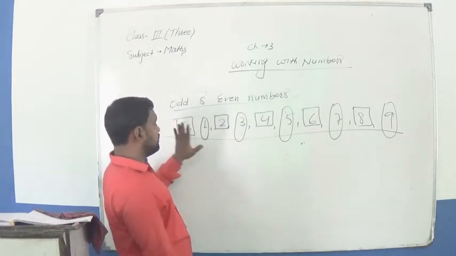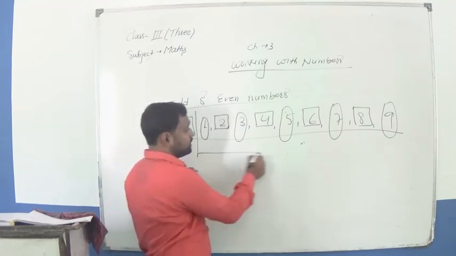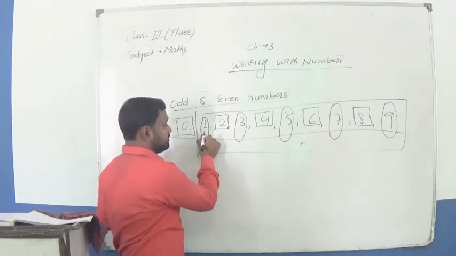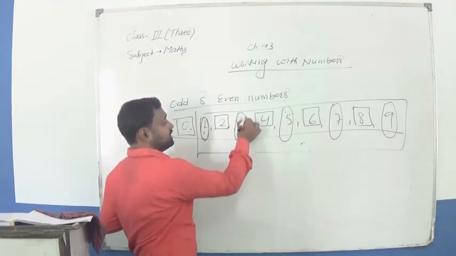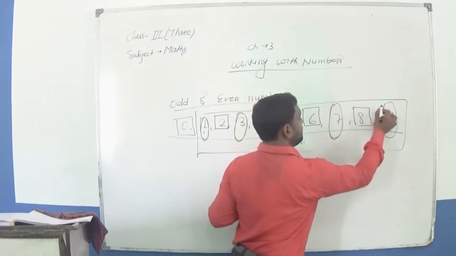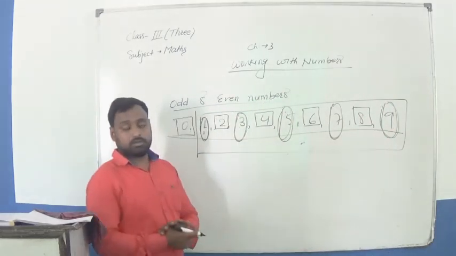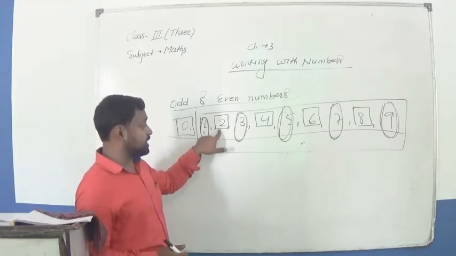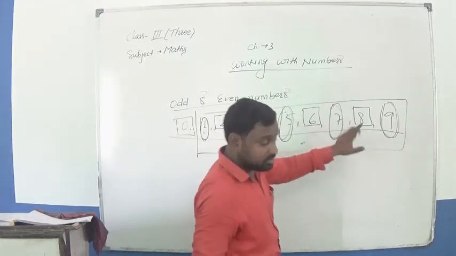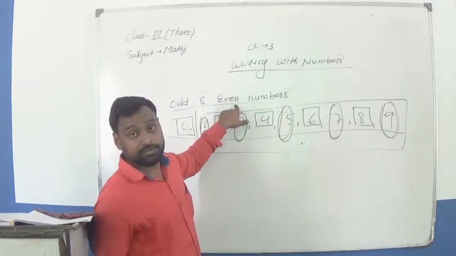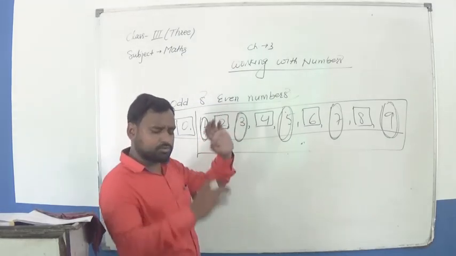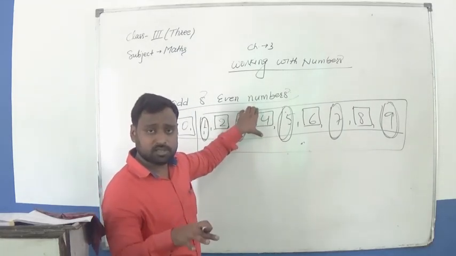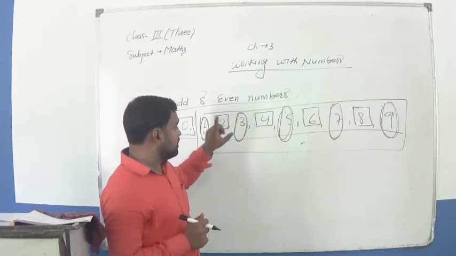In one digit numbers we have 1 to 9, and the ones in the circle, 1, 3, 5, 7, 9, belong to odd numbers. And the ones in the square, 2, 4, 6, 8, belong to even numbers. You have to keep only this in your mind to determine which is an even or odd number.